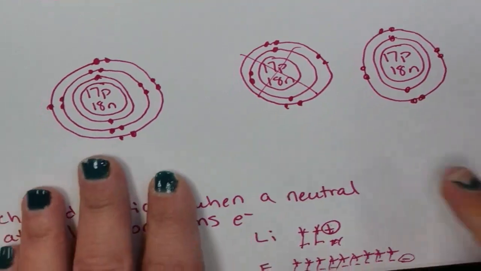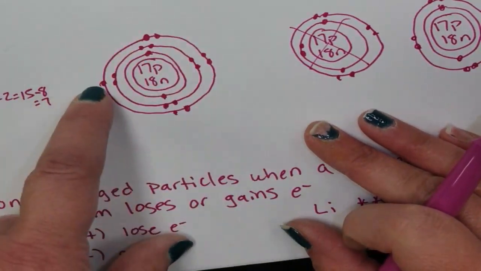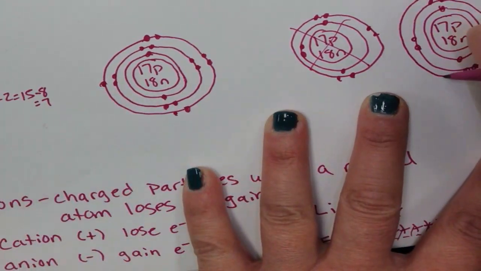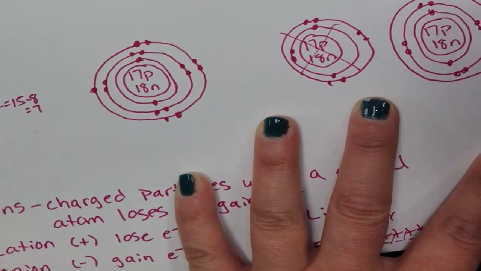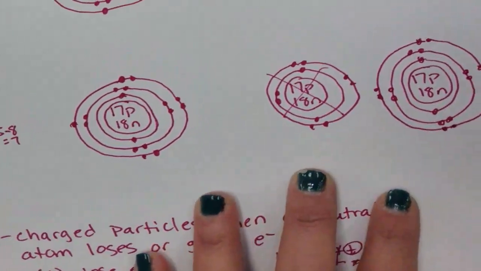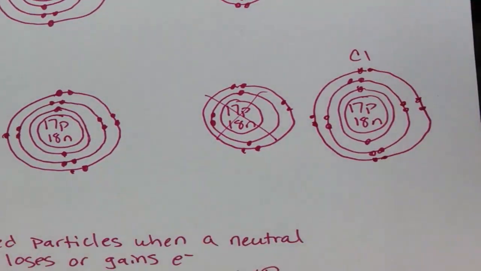Okay, so let me come over here. Now, we said we're going to gain 1. So if I have 7 and I gain 1, 7 plus 1 is 8. So my third energy level is going to have 8 electrons as well. Now, chlorine gains 1 electron, and when you gain an electron, electrons are negative, so you become a negatively charged particle.